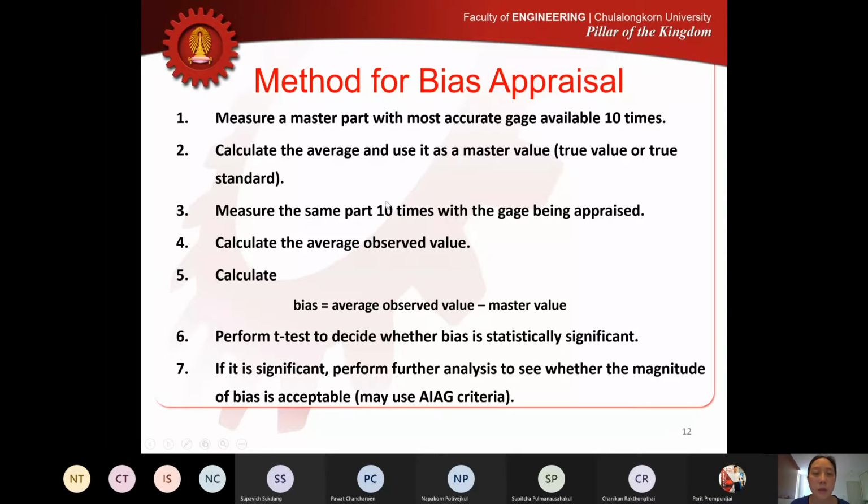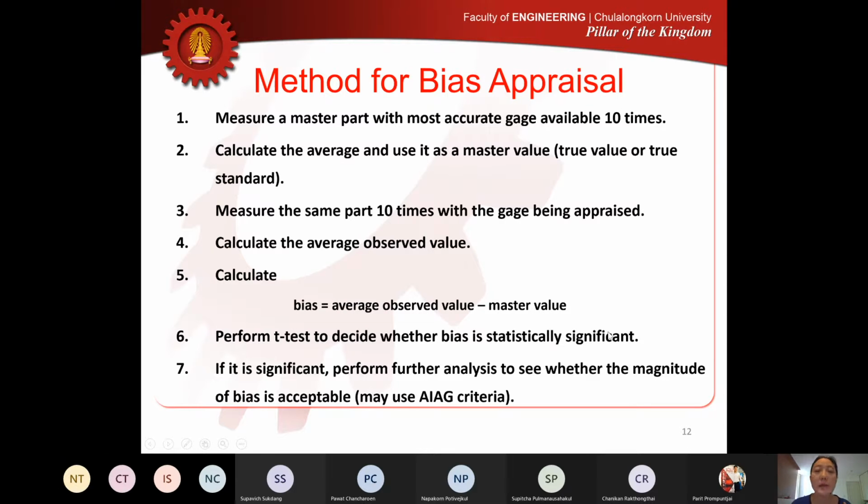And next, step number 5, we will calculate the bias, which is the difference between the average of the observed values and the master value. Now we will get the amount of bias. Next, we do the 6th step, which is hypothesis testing using t-tests to conclude whether the bias is significant or not.